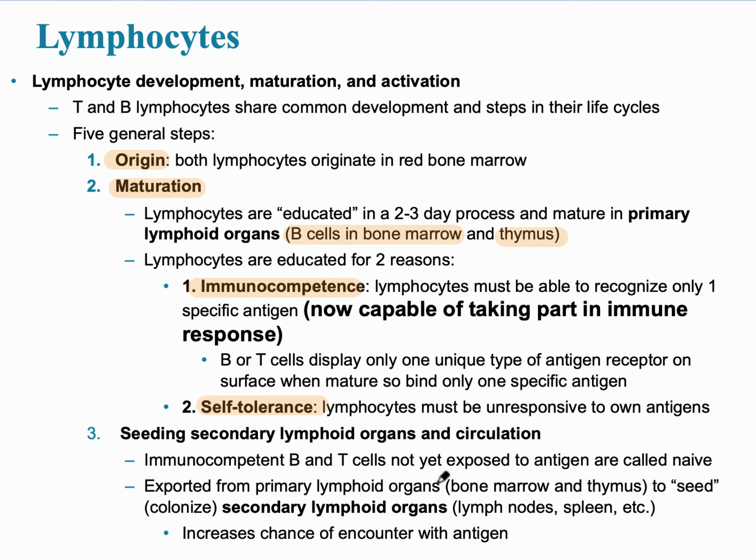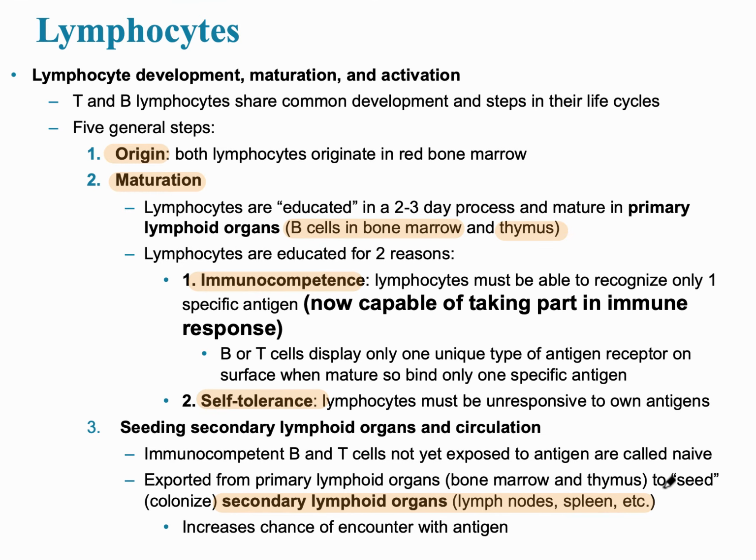What this means is that the lymphocyte is now going to colonize and spread out to secondary lymphoid organs, so basically everything that's not either the bone marrow or the thymus. So lymph nodes, spleen, Peyer's patches.